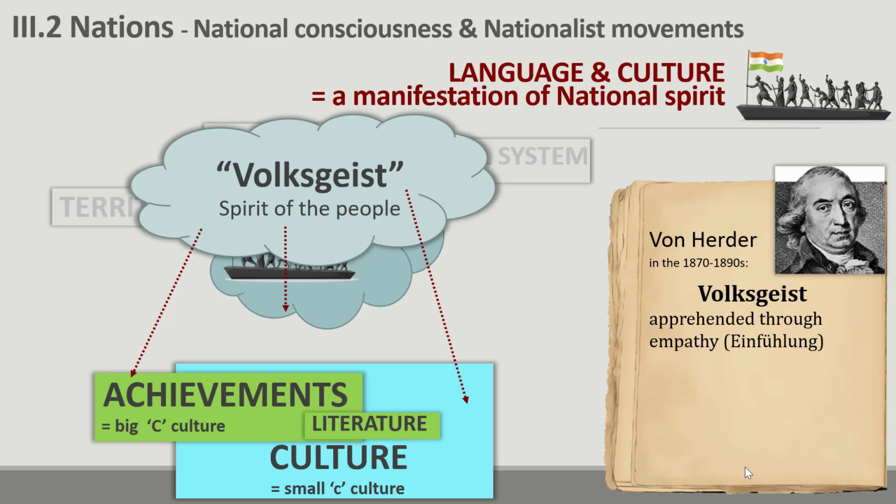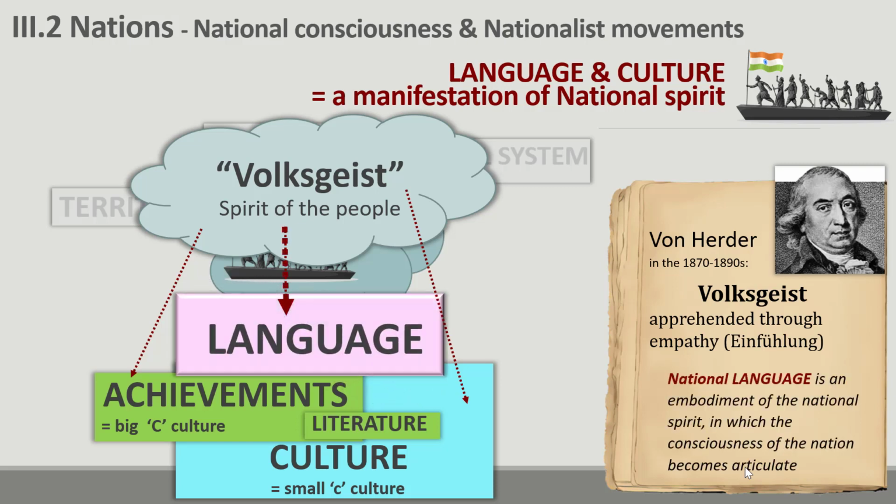The Volksgeist cannot be apprehended by purely rational means, but rather by an act of empathy. That is why the disciplines studying the spirit of nations through its different manifestations will be named later Geisteswissenschaften.